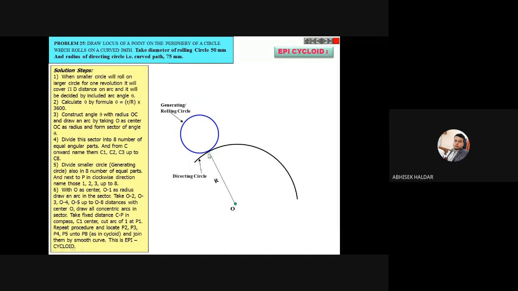This straight line cuts the directing circle at this point. Now from this point you take the radius of the rolling circle on that straight line, so that you get the center point of the rolling circle, and you draw the rolling circle.